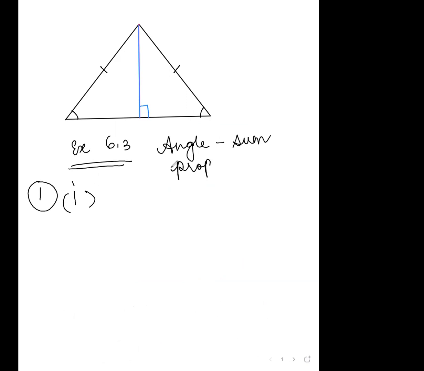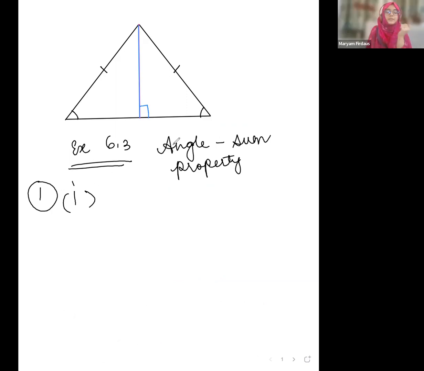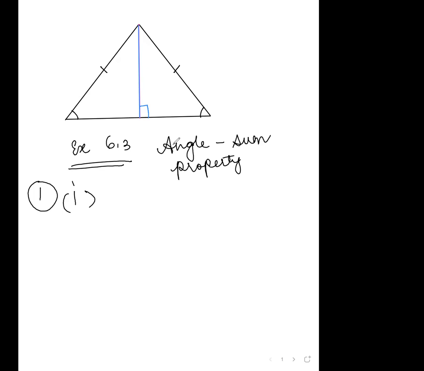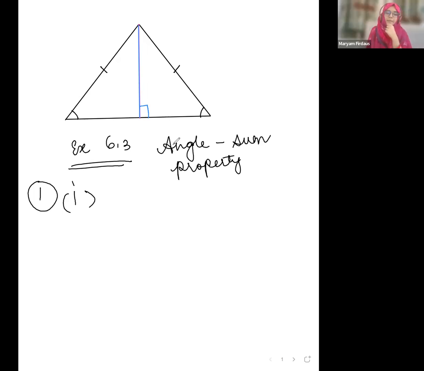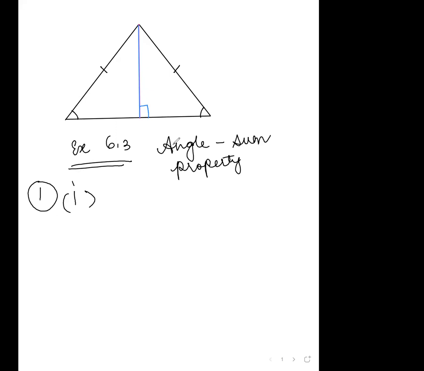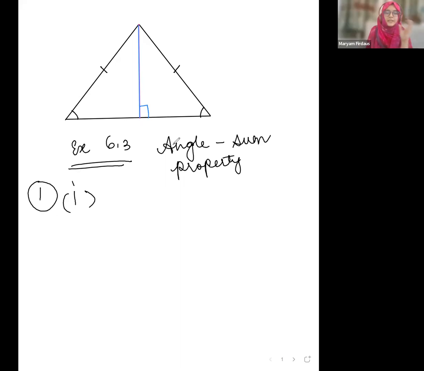The sum of the interior angles is 180 degrees. That is called angle sum property. Is it true for any triangle, Hiba, or only some specific triangles? Any triangle. Okay. No matter which type of triangle it is, the sum of all the angles is going to be 180.